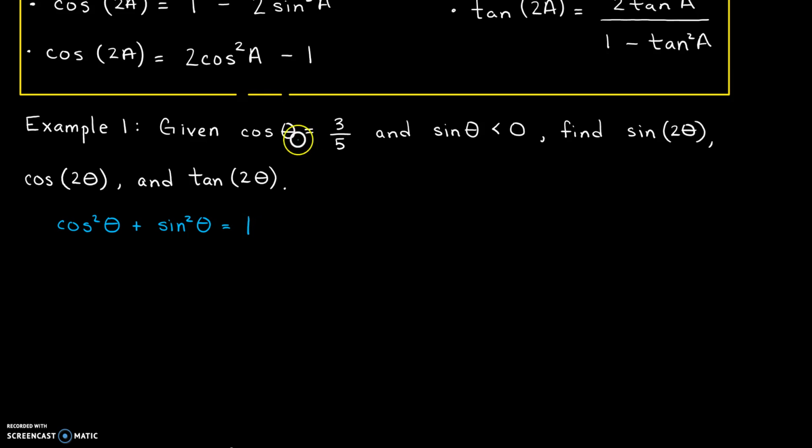I know that cosine of theta is 3/5, so cosine squared is 3/5 squared, plus sine squared equals 1. Now I just have to clean this up. 3 squared is 9, 5 squared is 25, plus sine squared, equals 1.